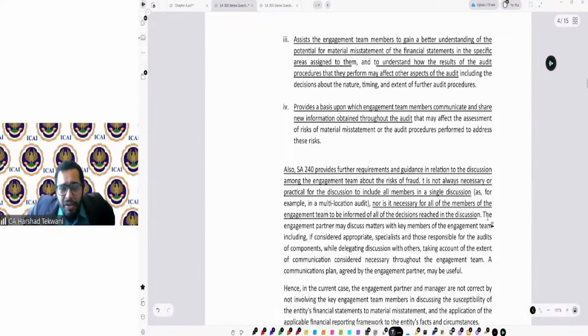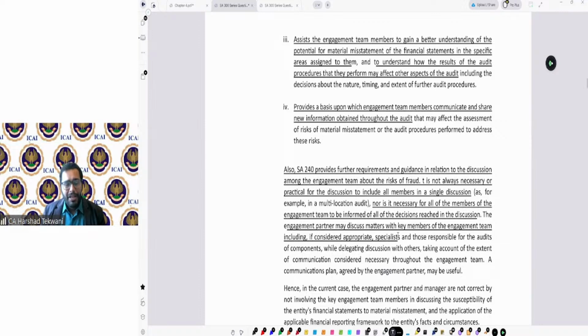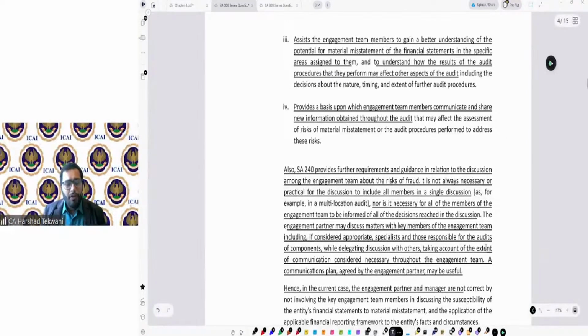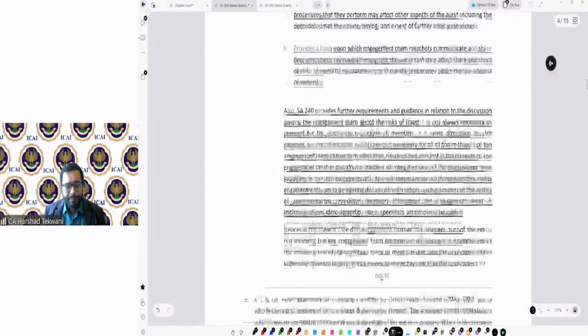So it says that it is not necessary to inform about all the decisions, but the engagement partner may discuss matters with the key members of the engagement team, including, if considered appropriate, specialists and those responsible for the audit of components, while delegating discussions with others, taking into account the extent of communication considered necessary throughout the engagement team.